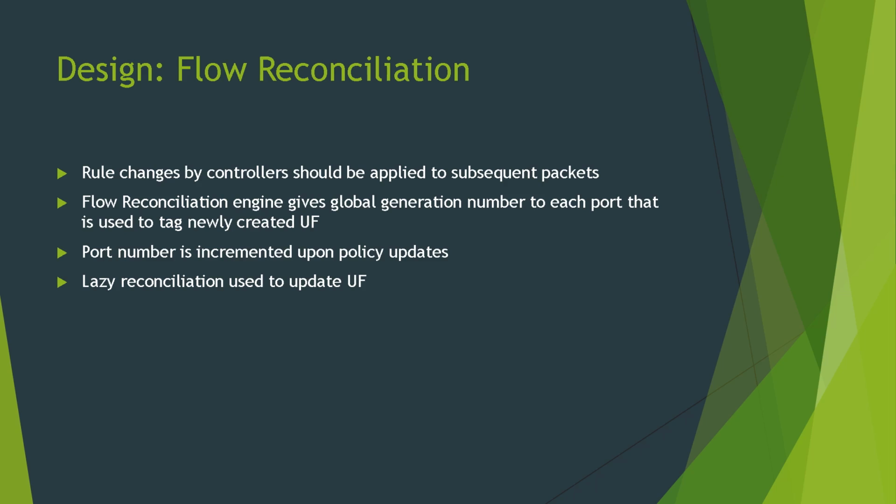This is done with the flow reconciliation engine, which solves this issue by using a lazy reconciliation. Any unified flow is reconciled when that unified flow is matched and has a generation number less than the port's current generation number. Anytime a rule in the port policy is updated, the port will have its generation number incremented.